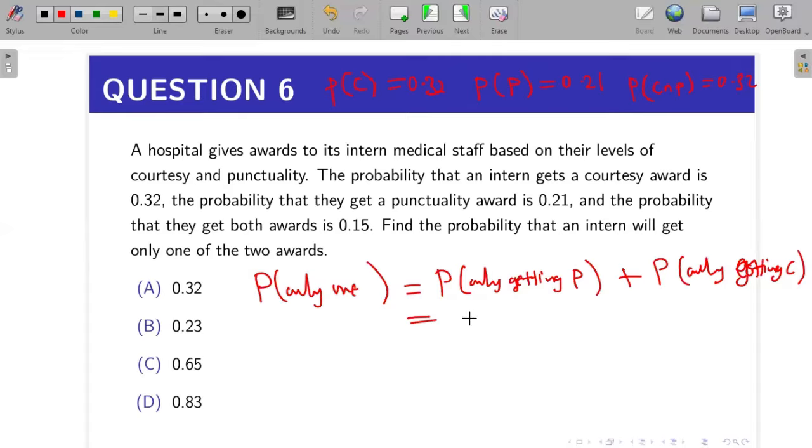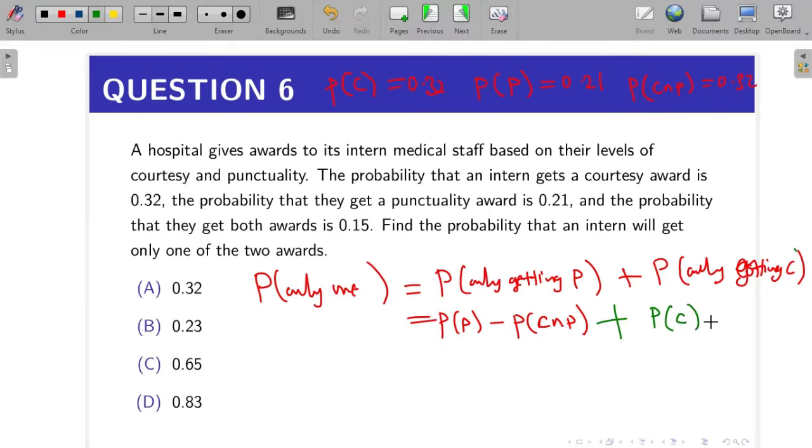This probability is simply going to be the probability of P, and then I subtract what is in the intersection. So the probability of C intersection P, like this. So this one here will represent the probability of getting the punctuality award only. And then plus, do the same thing for this guy here. It will be the probability of getting the C award, and then I subtract what is in the intersection.